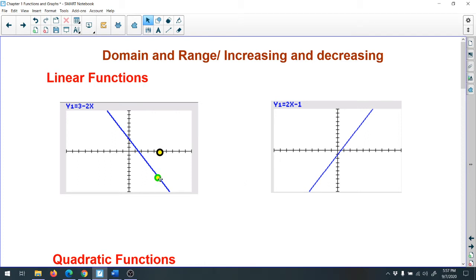It has a vertical projection, 10, -10, down, but you see here 5, 6, 7, 8, 9, 10, and continue. You will see that the whole x-axis is covered. It's from -infinity to +infinity. That's our domain.